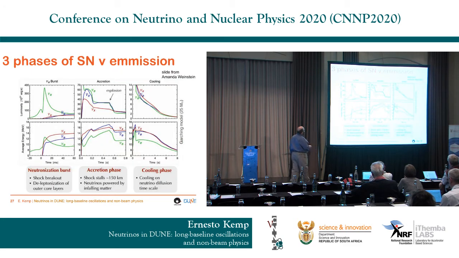Okay, so these are the 3 main phases in which we can see the different behavior of the different flavors of neutrinos that are escaping from the core.